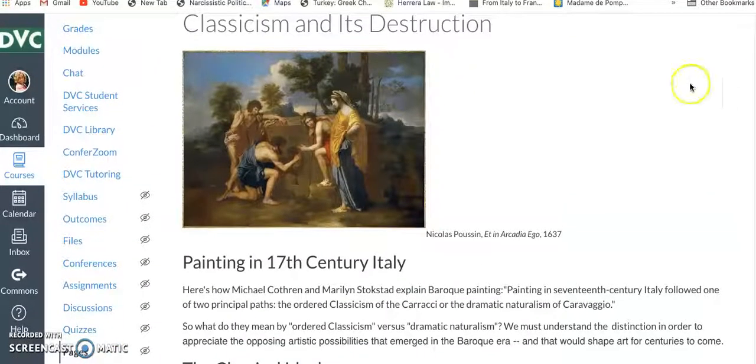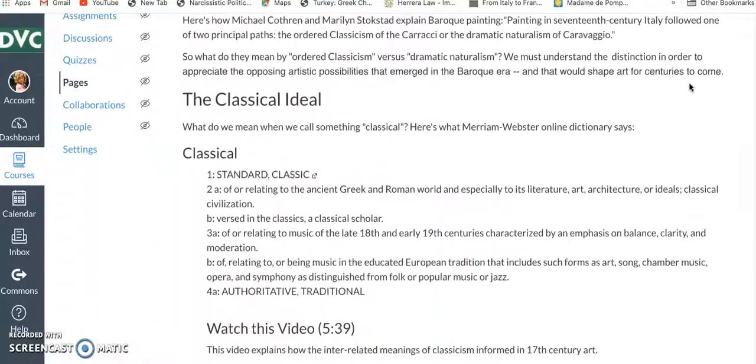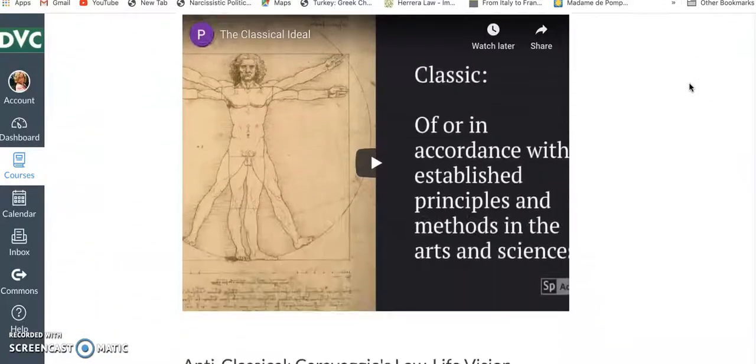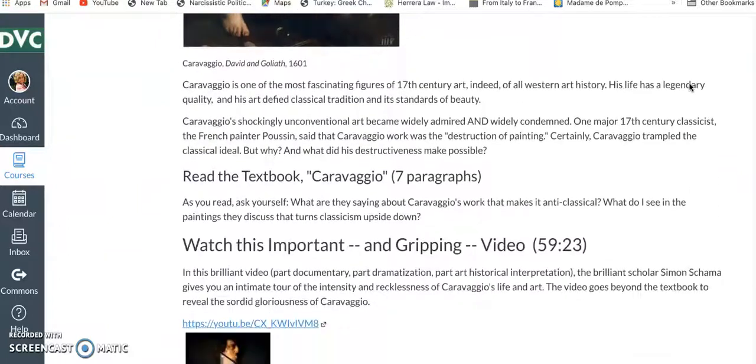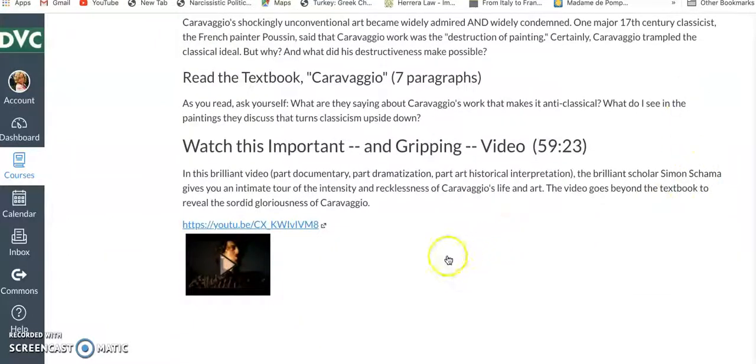They're all great, and they're about really great artists, but in each case, they are around an hour long. So you need to be thinking about what your best way of managing time is. This one on Caravaggio, 59 minutes, 23 seconds.